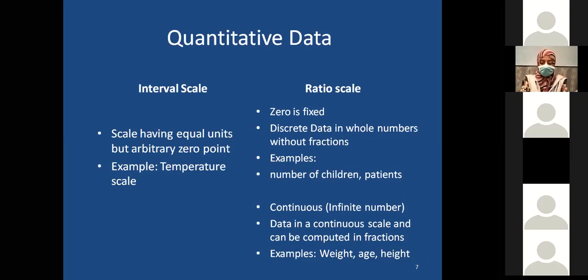For example, there is a child born of 0 days. That means that child has just been born, just been delivered, so that child has no days to count in his or her age. So, number of children and patients. And then you have continuous data, in which you have fractions, for example.